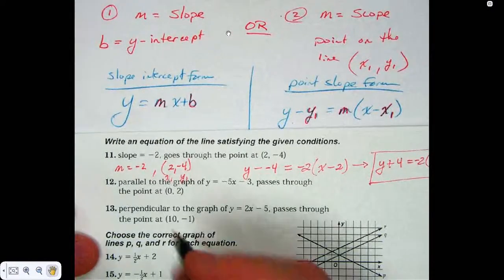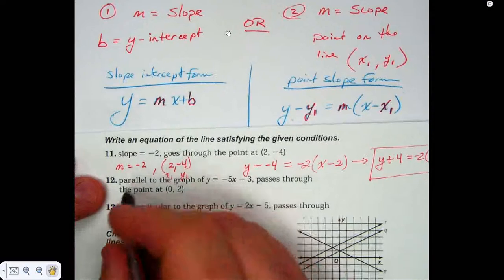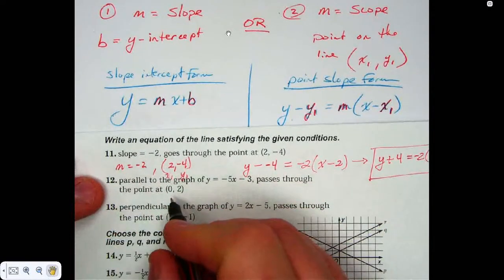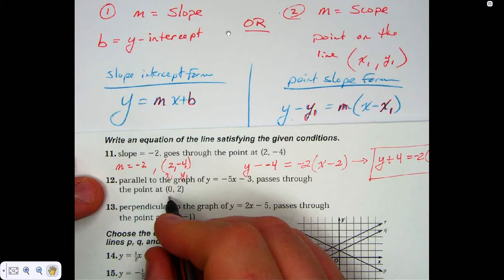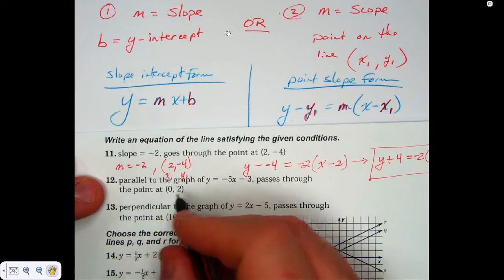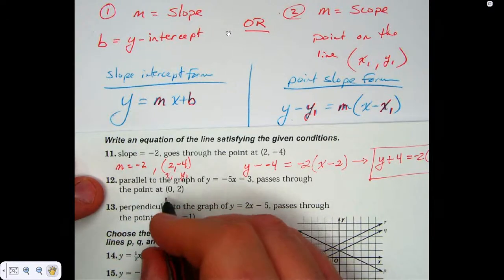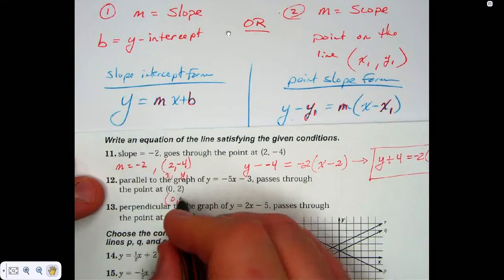Well, number 12 is different. They don't really give me any x1, y1 things. They give me a point on the line, which really is your y-intercept, but if that confuses you, don't worry about it. They give you a point on the line, so they give you an x1, y1.